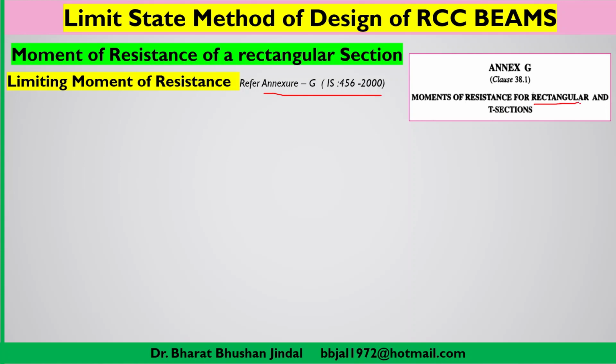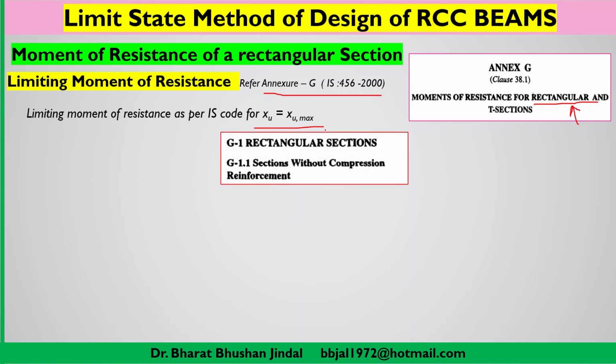We are now getting information regarding the rectangular section. The limiting moment of resistance as per the IS code applies when Xu is equal to Xu max. For that type of section you can refer to Annexure G and clause G-1.1, the section without compression reinforcement.